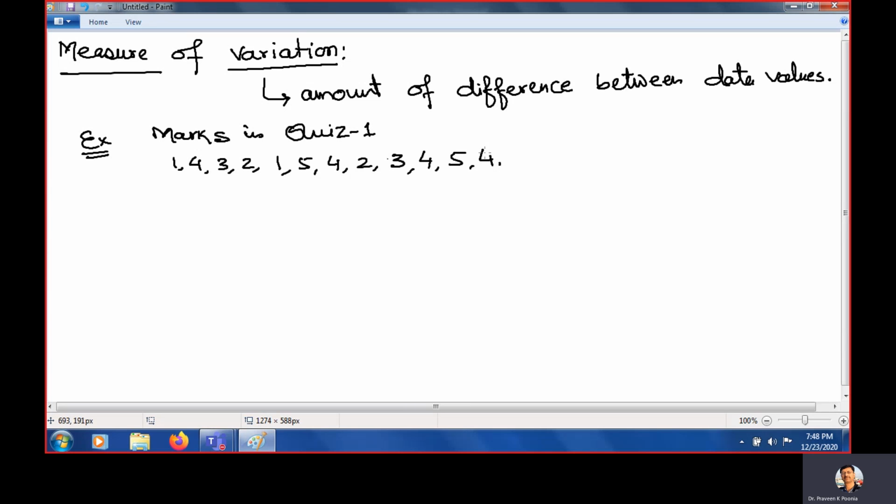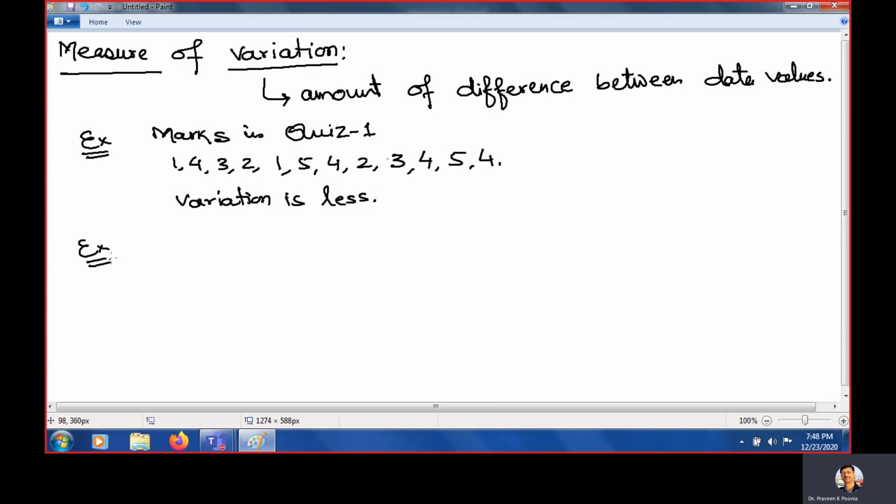These are the marks in quiz 1. If you see here, the difference between the data values is very small. Here the variation is less. It is not a big variation.